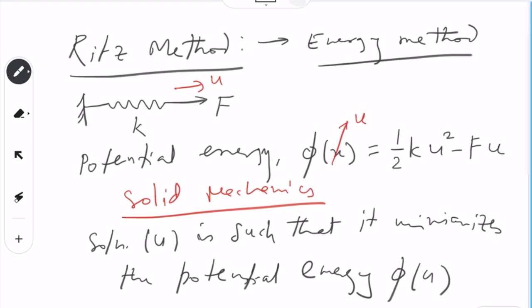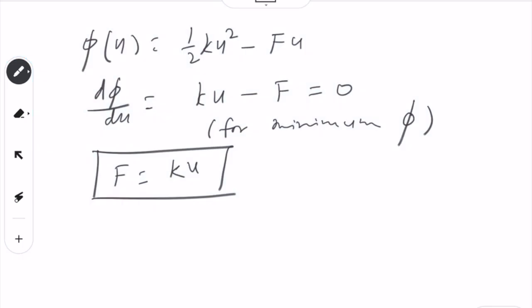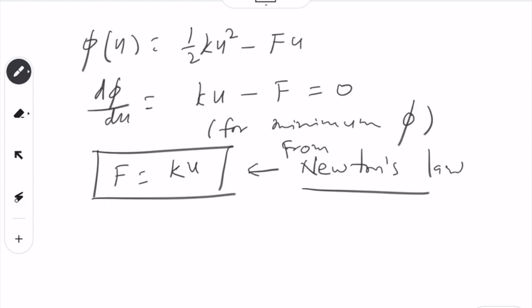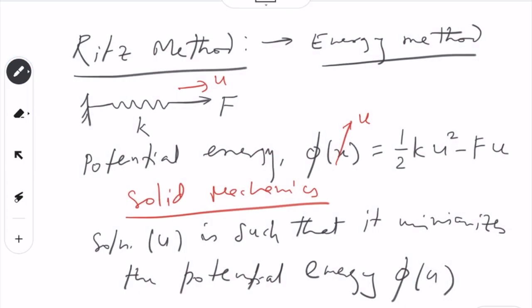What we see here is force equal to the spring constant multiplied by displacement, which also comes from Newton's law, so you can obtain the same thing directly from Newton's law. We have to emphasize here that the potential energy is equal to strain energy minus work done.